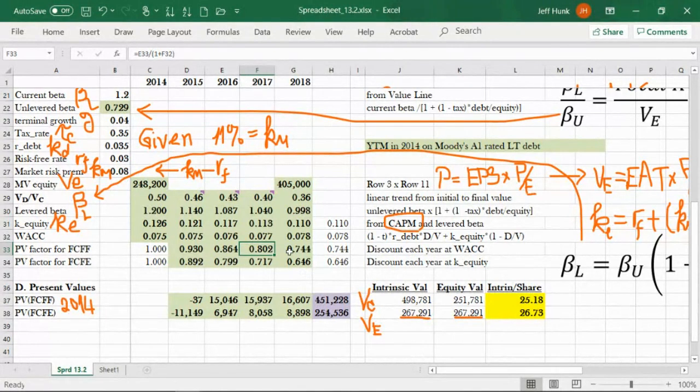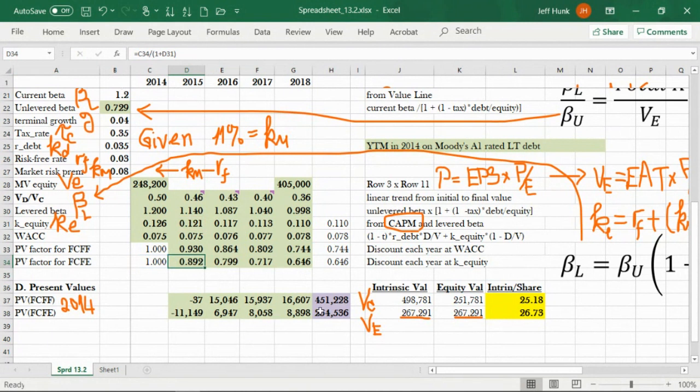So finally, we got the discount factor for free cash flow to the firm. We got the discount factor for the free cash flow to equity, right? D31, E31, and so on.